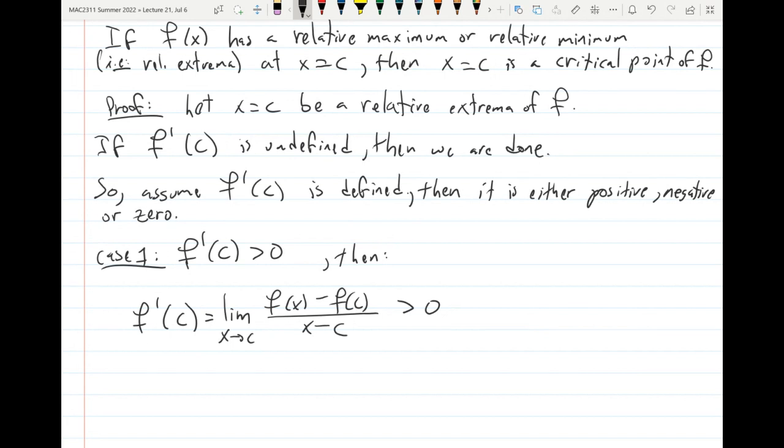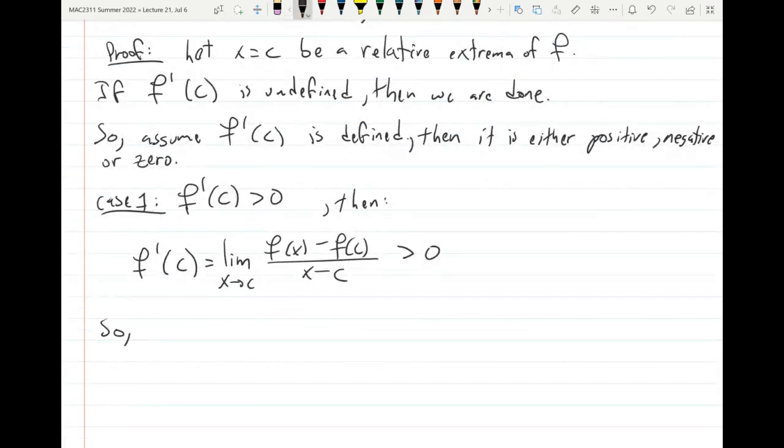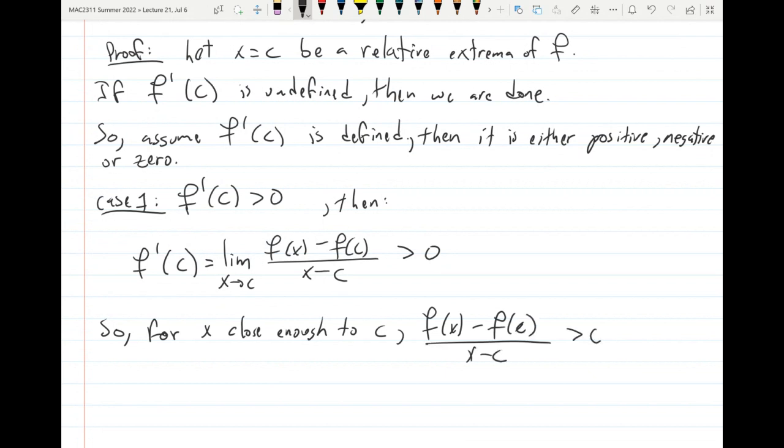So by using the notion of limit, it follows then, so for x close enough to c, the function itself without the limit expression is positive. Do you understand this?